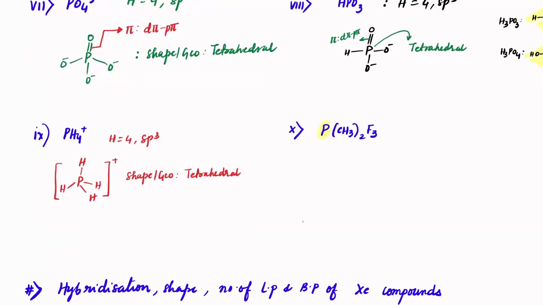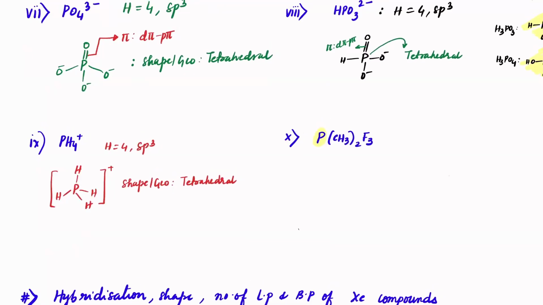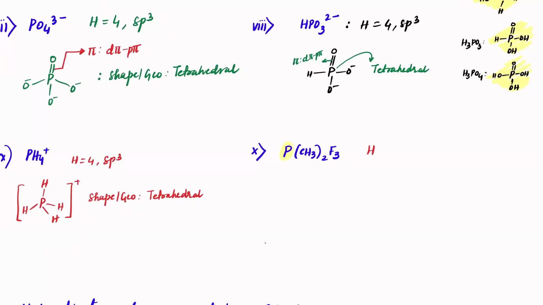Next, P(CH3)2F3. Ditya, what is the hybridization in this case? Check. So the hybridization is 5. Very good. Hybridization is 5. That makes it sp3d.